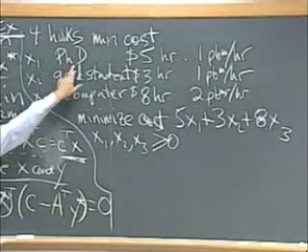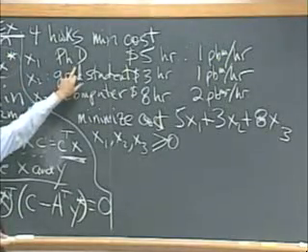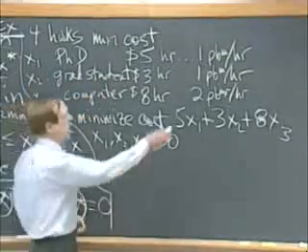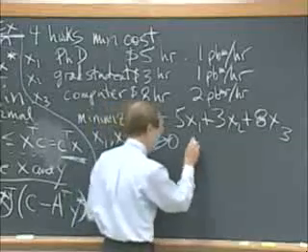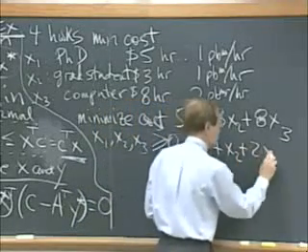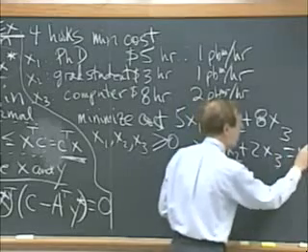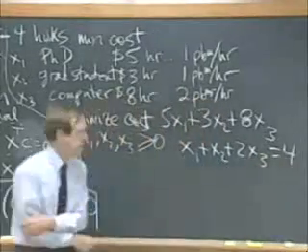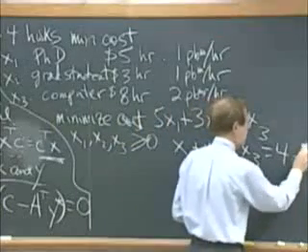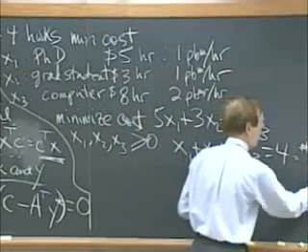So if this person works for x1 hours and is able to solve 1 problem per hour, here's the constraint: x1 plus x2 plus 2 x3 equals 4. This is an equation for the number of problems solved.